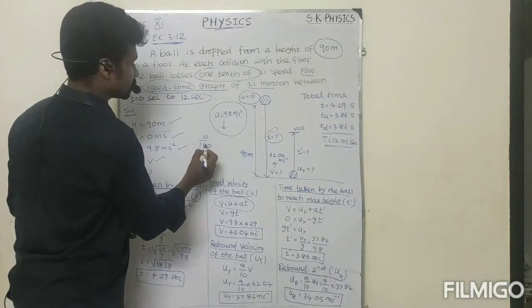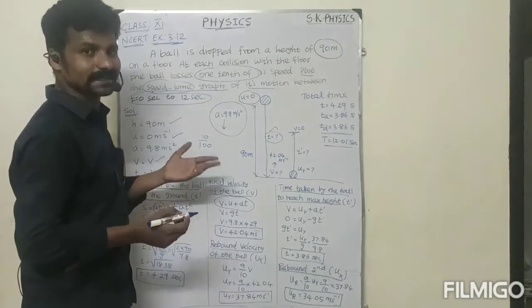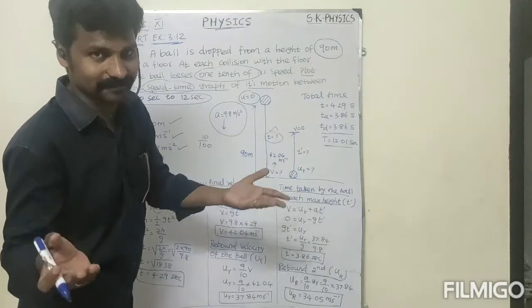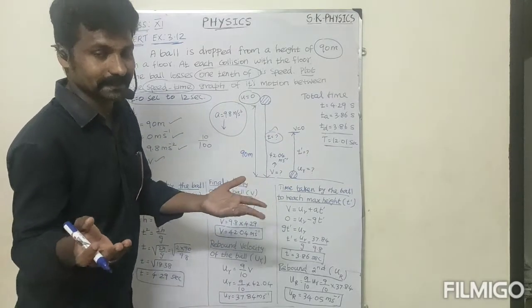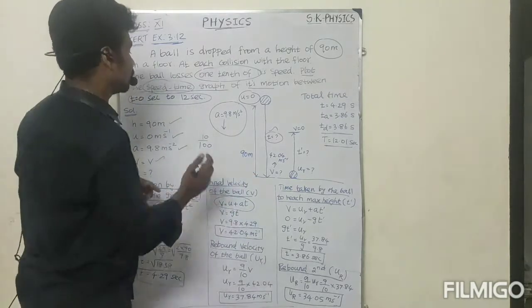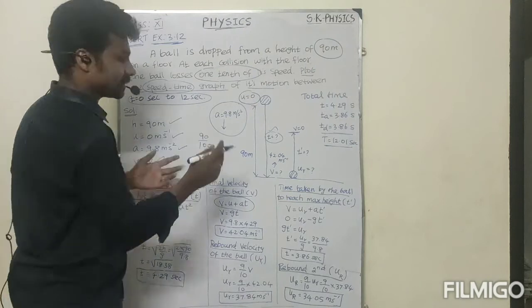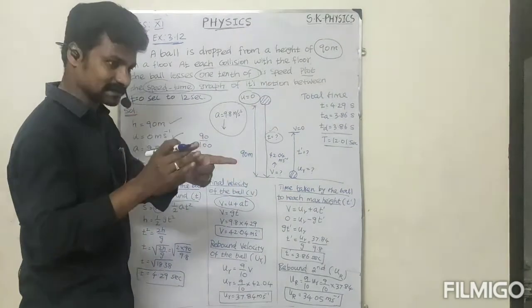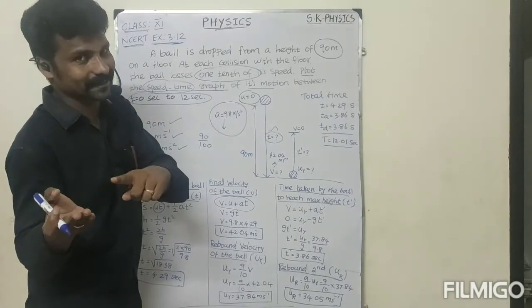Multiply by 10, that means 10 divided by 100, 10% is lost. That is the meaning. What about the remaining percent? 90% is working. Here, 10% is lost means 90% is working.